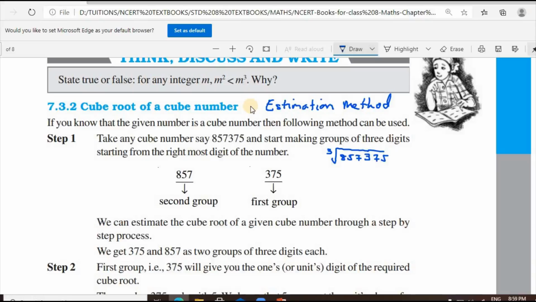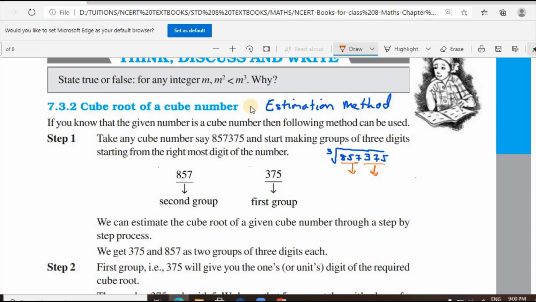What we do initially is we make groups of 3 from the right side. So I take the first group and then I take the second group. Now in the first group I'll get one number, and in the second group I'll take another number. Okay, we are going to write two numbers.